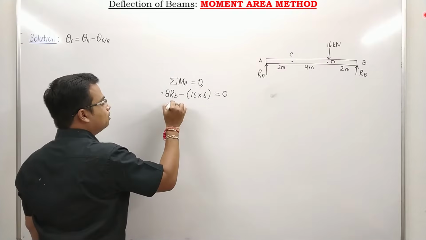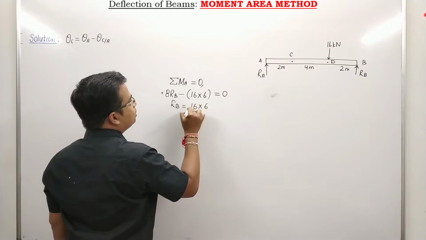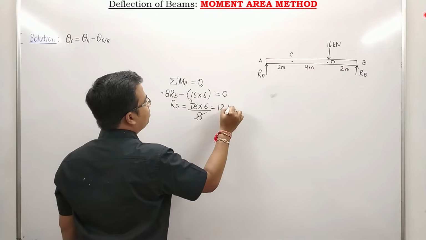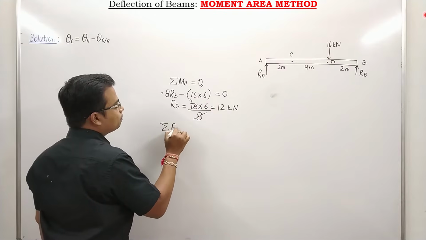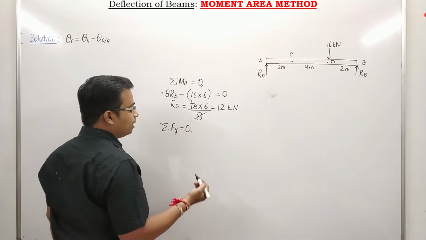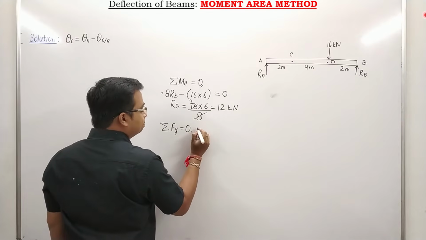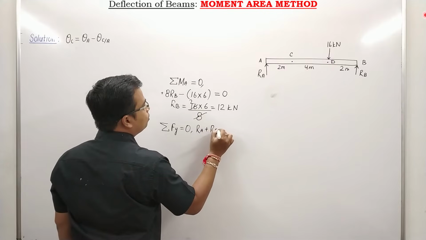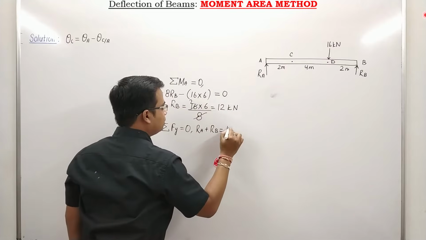It's very simple. RB is going to be equal to 16 into 6 upon 8. So 8 twos are 16, 6 twos are 12. RB's value has been worked out as 12. Similarly, summation of all the forces along the y direction is equal to 0, and hence RA plus RB will be equal to this downward force, that is 16.